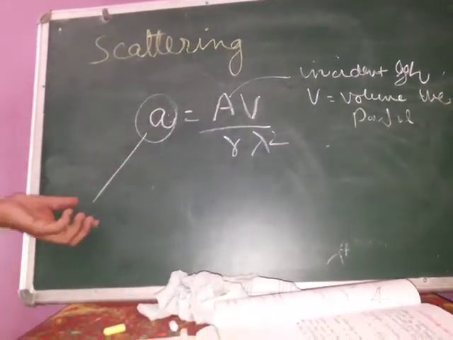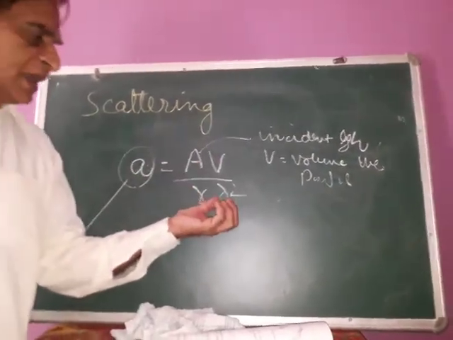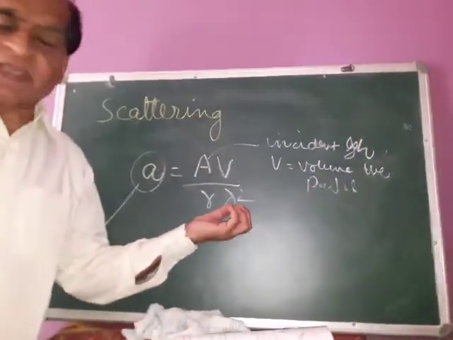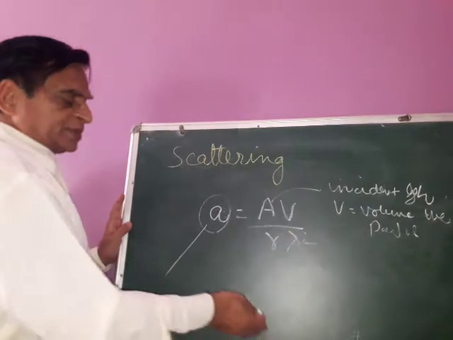Means the scattered light will be more intense when lambda is less. So we can say that if you have white light, blue light will scatter the most.